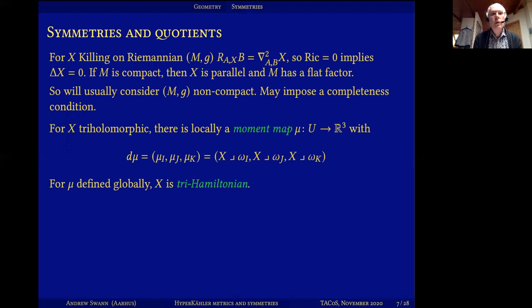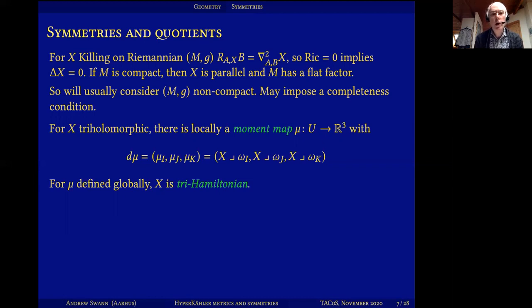So let me focus on this slide on the triholomorphic case. Then X preserves all the symplectic forms, so we can build the usual moment maps, at least locally, in the symplectic way. We get three of them, one for I, one for J, and one for K. So we combine them into one formula.